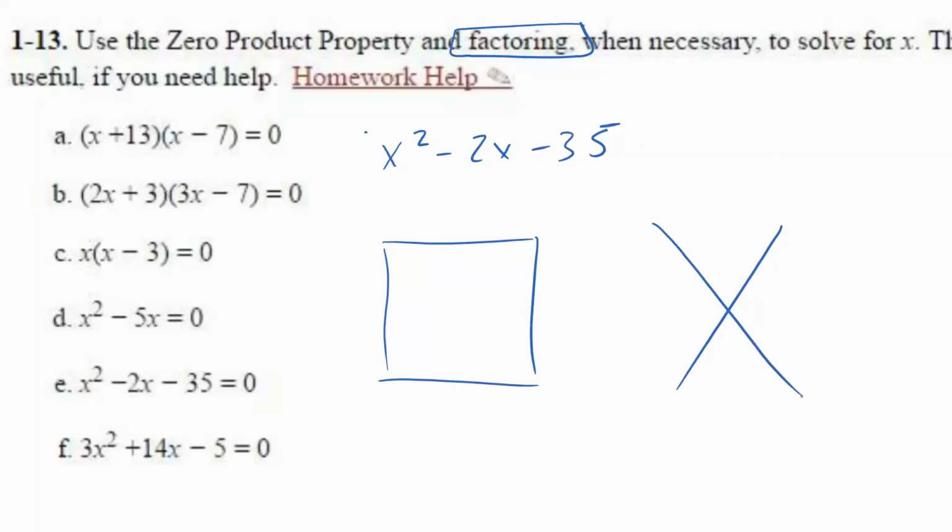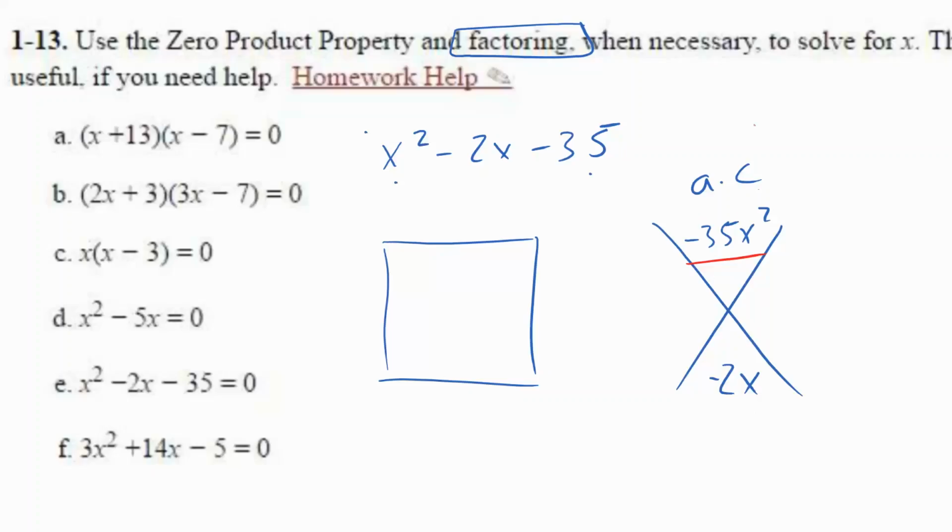So we do A times C on the top, so negative 35x squared. And then down here we put B, negative 2x. So we've got to find numbers that multiply to negative 35x squared and add to negative 2x.